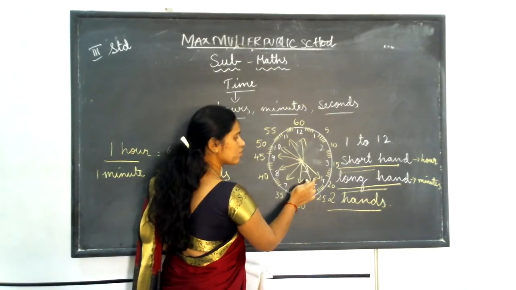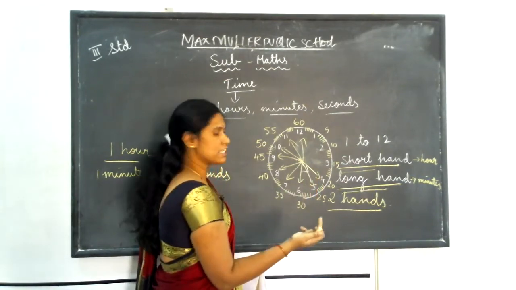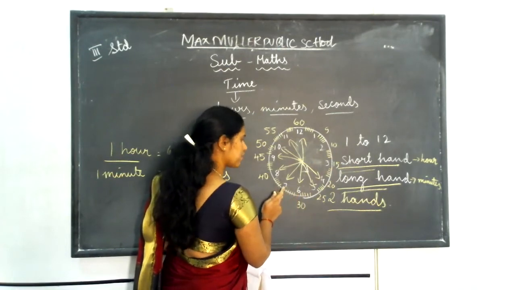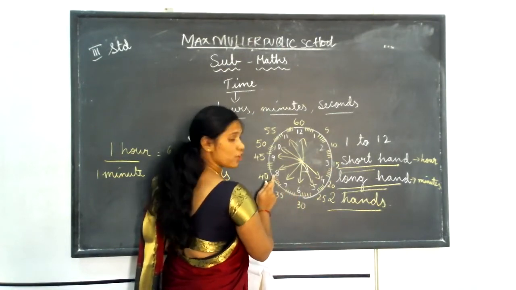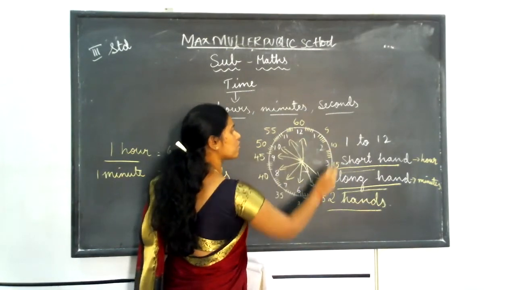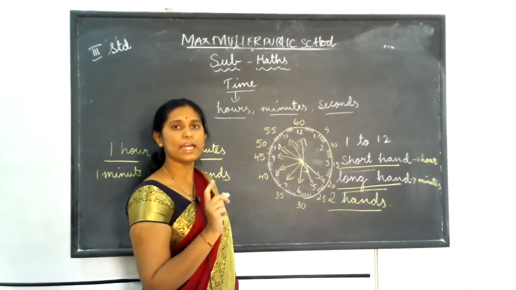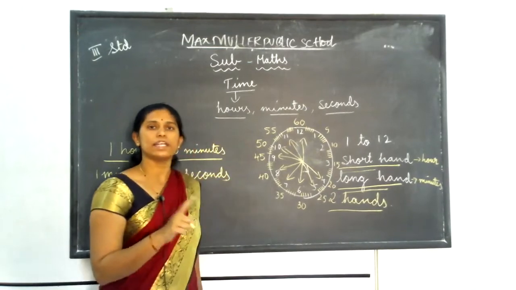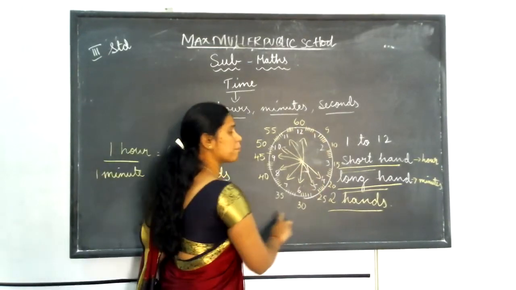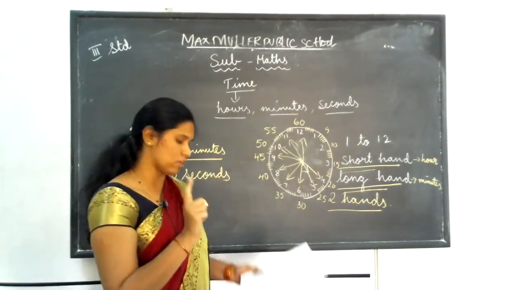If it comes to 4, it will become 4:20, 4:25, 4:30, 4:35, 4:40. Like that, it will go slowly. The long hand takes 1 hour to complete 1 rotation.